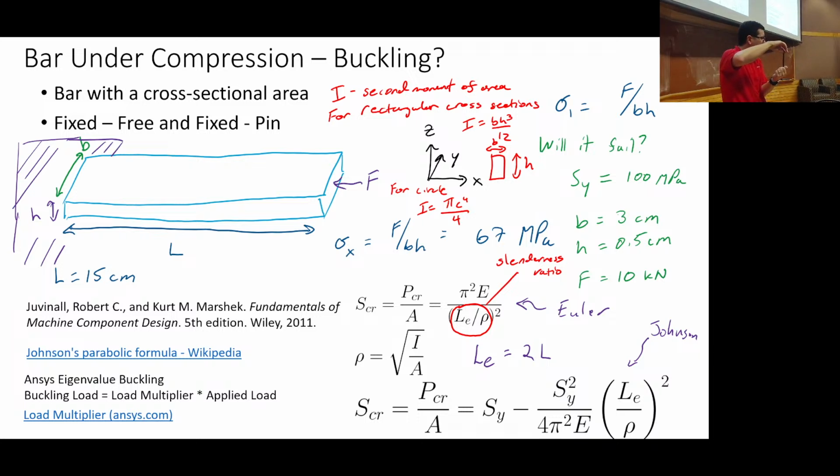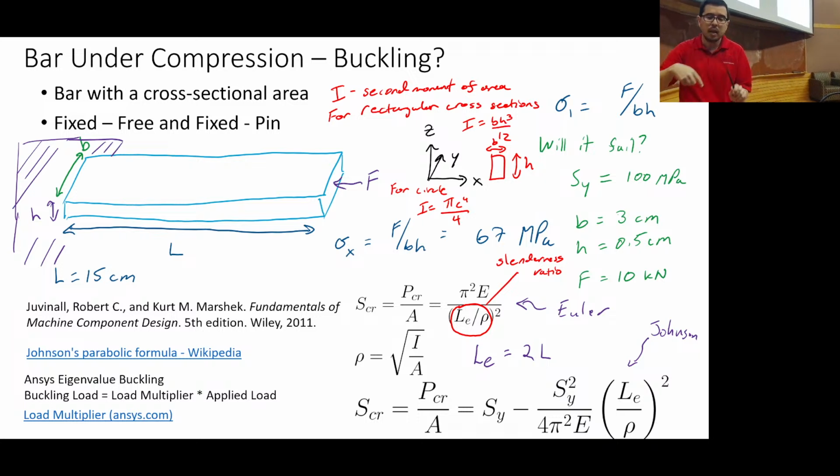It's a cantilevered beam, so it's fixed at this end, but on this end I have some choices to make. If I have it just free and hanging out here, I'm going to say this is like a free end, but I have a force being applied.